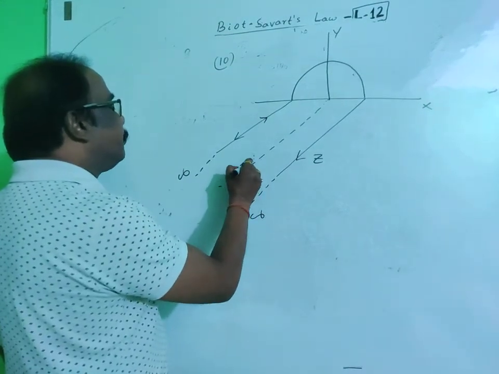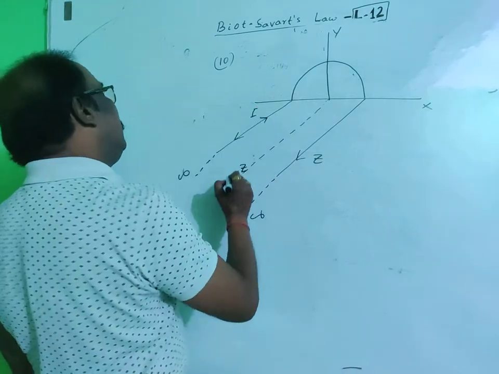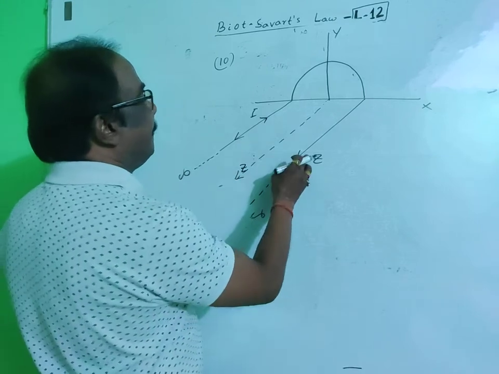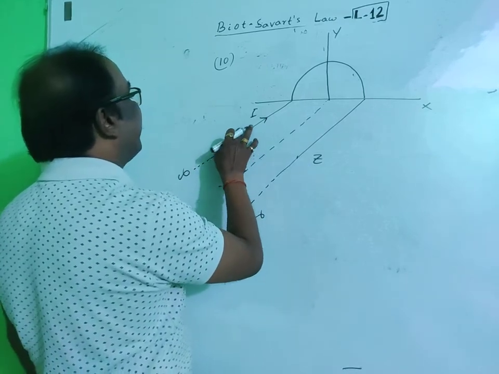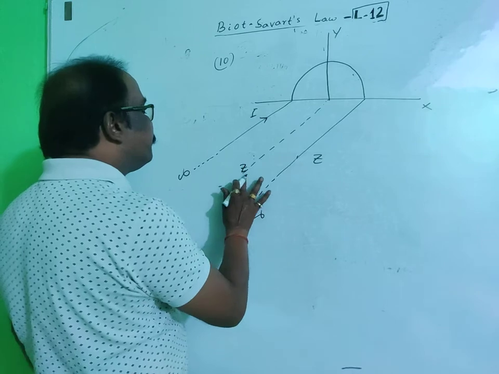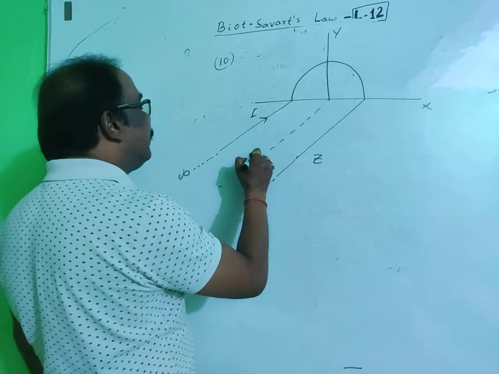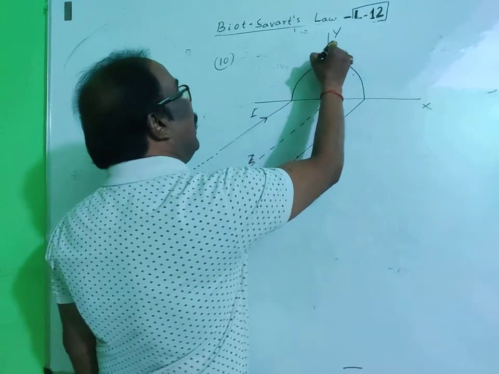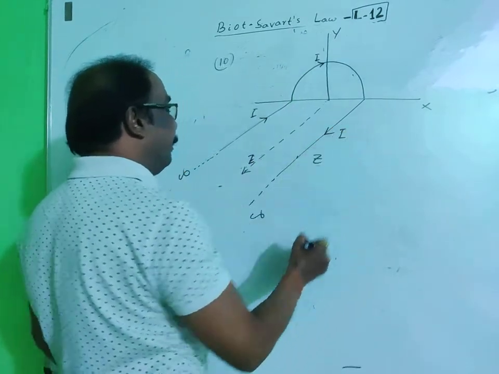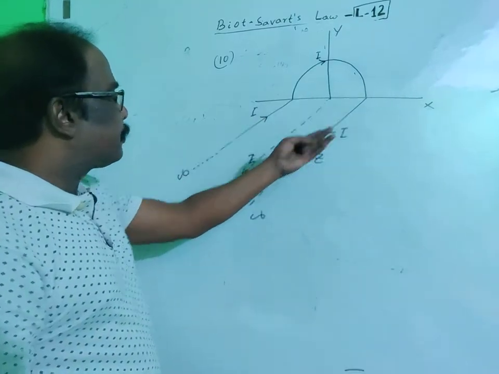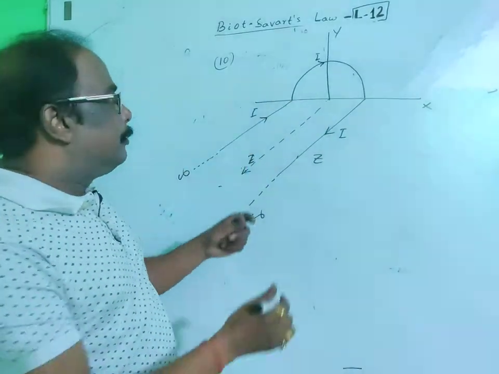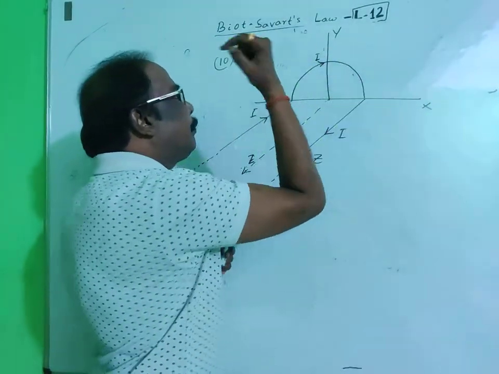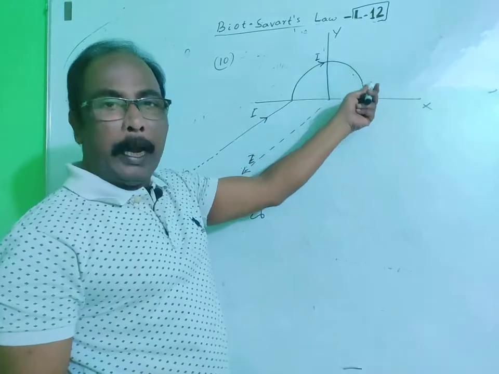This is the z-axis, and current is flowing in the direction of the z-axis. Current I is flowing, the same current I. These two are straight conductors along the z-axis, and this semicircular loop lies on the XY plane.